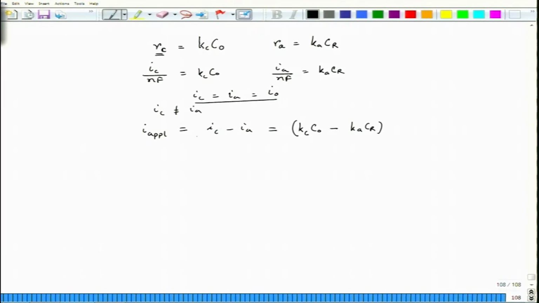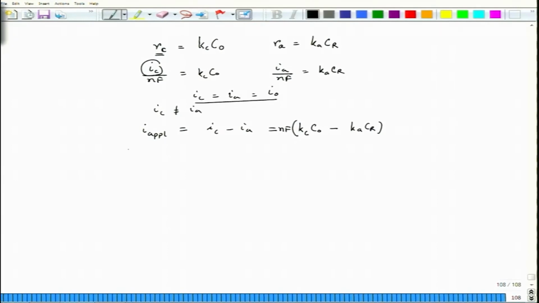This is the net with multiplication factor nF, because I have to consider Ic equal to nF Kc C0 as well as Ia equal to nF Ka C_R.